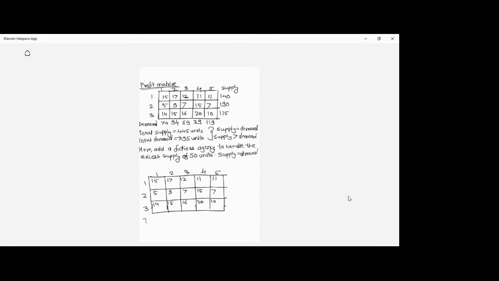So before the initial basic feasible solution is to be found, convert the maximization problem to minimization.